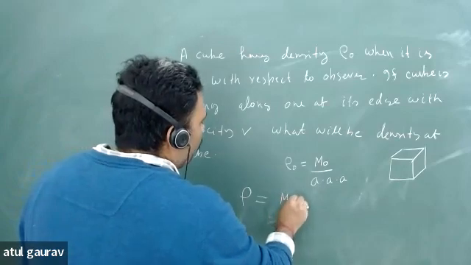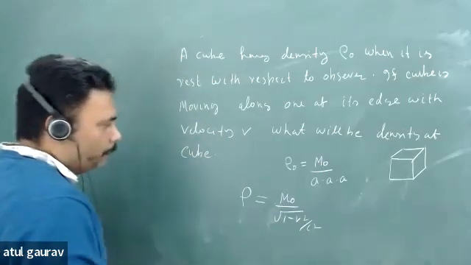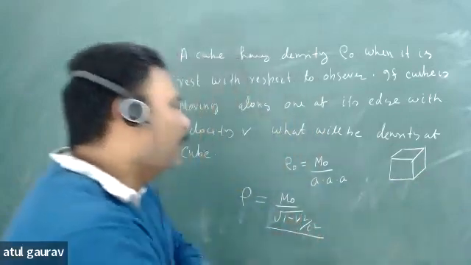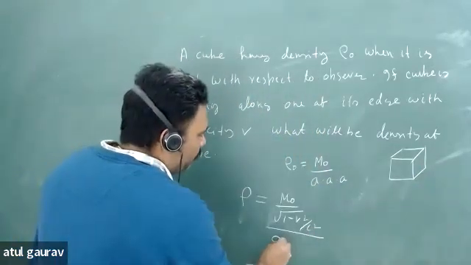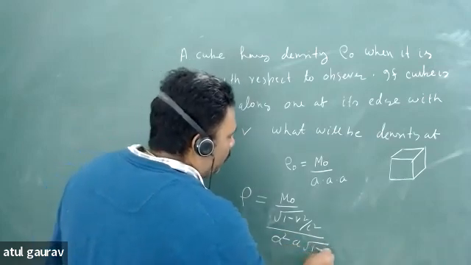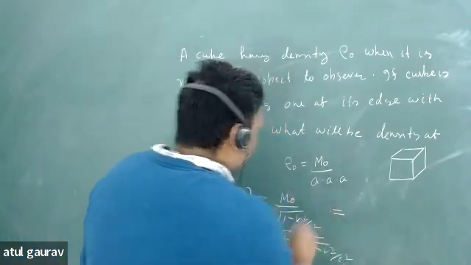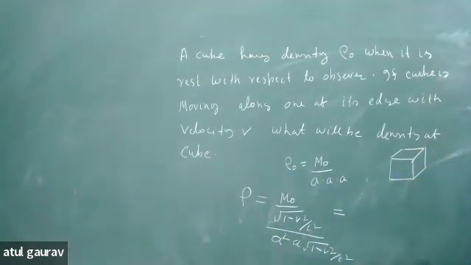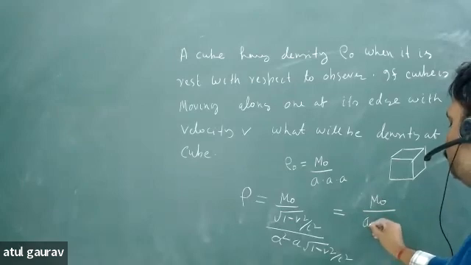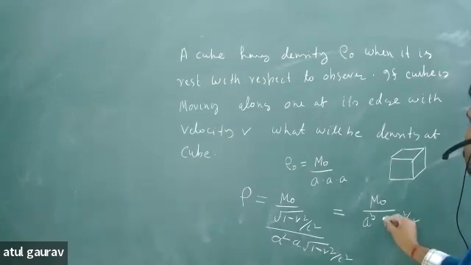The mass is going to change by root under 1 minus v square upon c square. And what will happen to one length? Because it is moving along one length, that length will undergo contraction. So two of the lengths will remain the same, and one will contract by root under 1 minus v square upon c square. So your relationship is m naught upon a cube, and you have 1 minus v square upon c square.